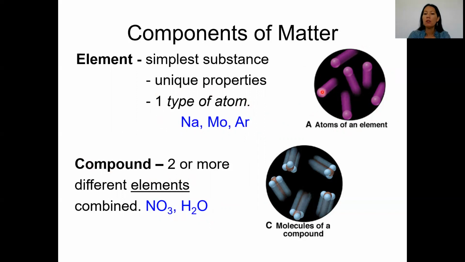When you want to talk about one of those guys, you could call that an atom. An atom refers to a single guy. Think Adam and Eve. However, when you're talking about something that's bound, and they don't have to be different, they could be the same, but more than one atom bound, we would call that a molecule. So you can have an atom of an element, you can have a molecule of a compound.